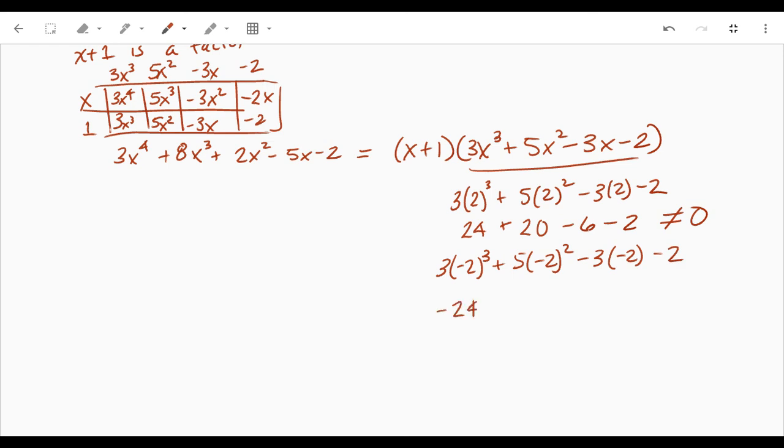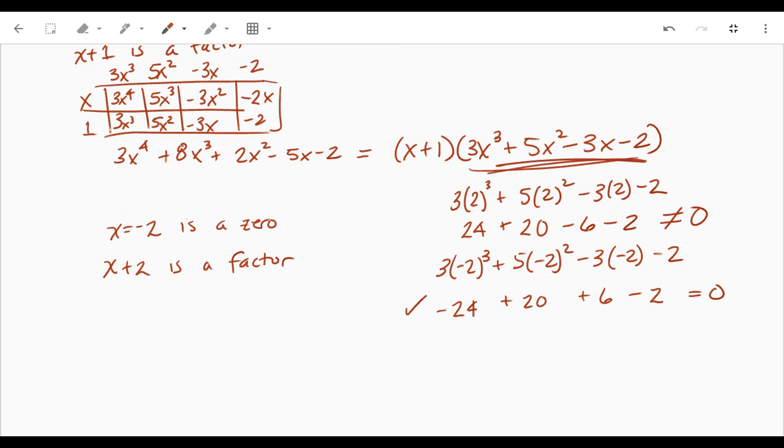So negative 24 plus 20 plus 6 minus 2. That is 0. Okay, so that means that negative 2 is a 0. So x plus 2 is a factor. Okay, so we've gotten another factor that we can factor out.